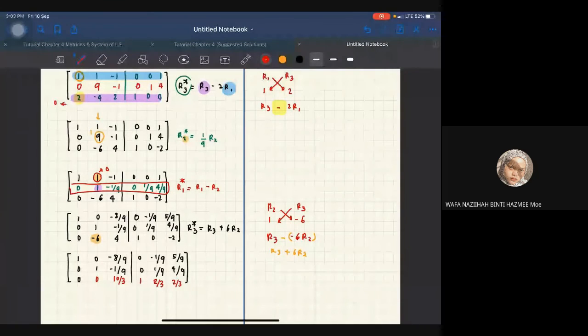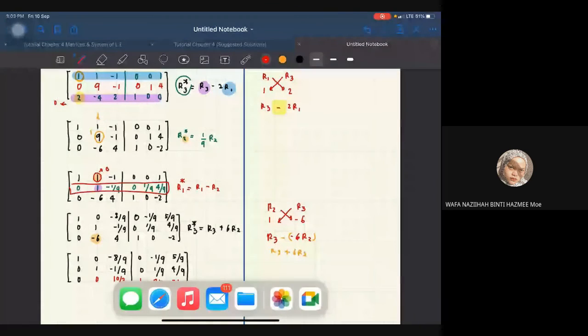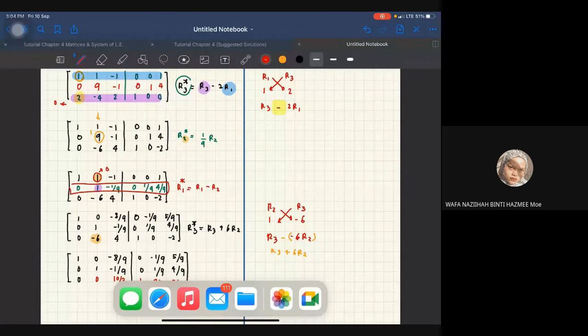Kalau ada soalan tanya terus. Miss mau tengok yang tu nak terlindung di bawah.